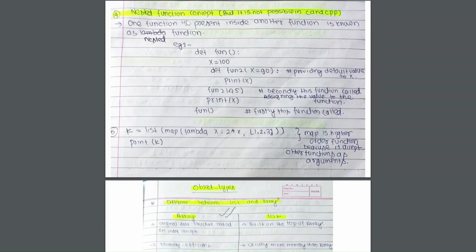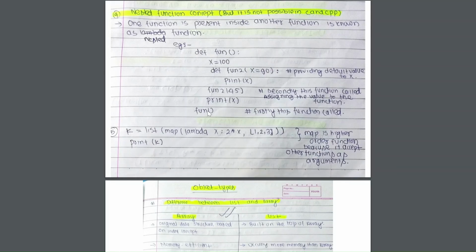In the case of Python, a nested function is possible, which means one function present inside another function is known as a nested function. Example: def function(): this is one function. Here is one value, x = 100. Again, another function is def function2(): this is another function. Now we are printing x. Again, function2(45). We are calling function2. Firstly, while executing this whole program, this function will be called.